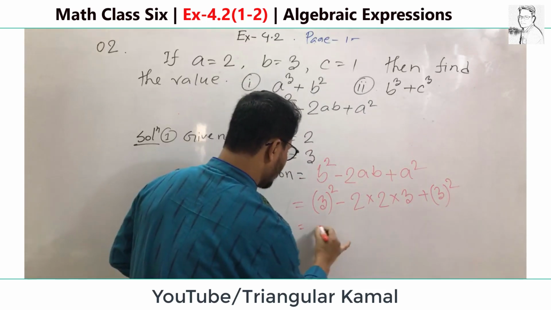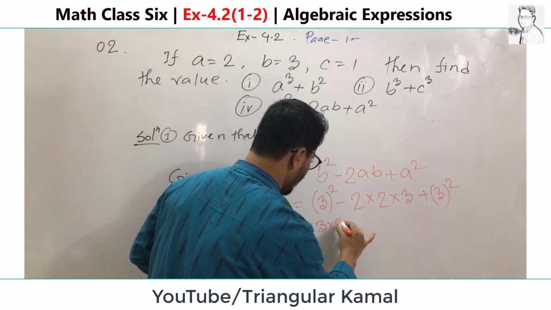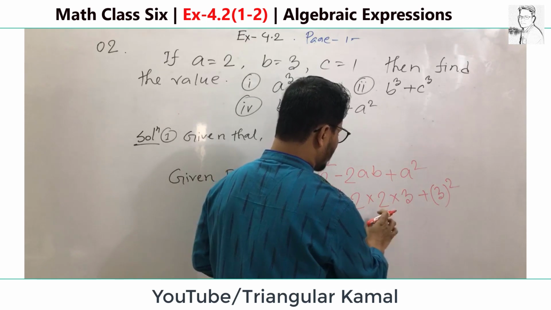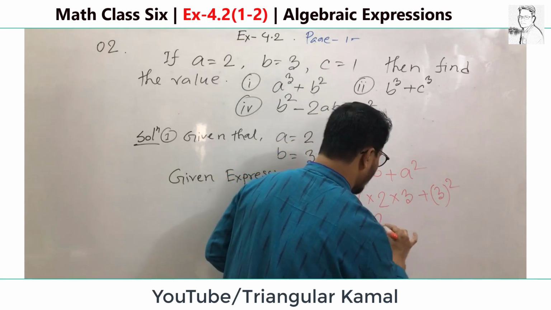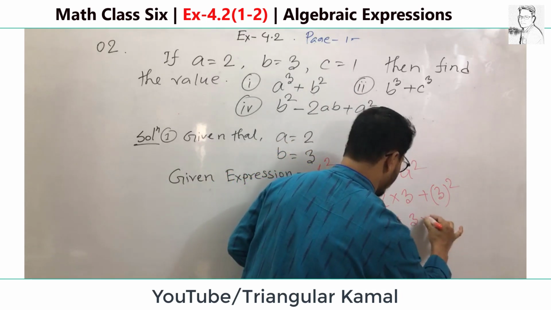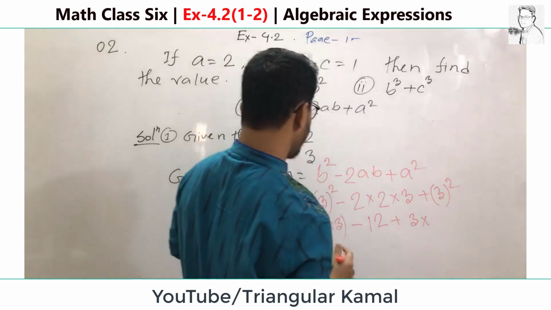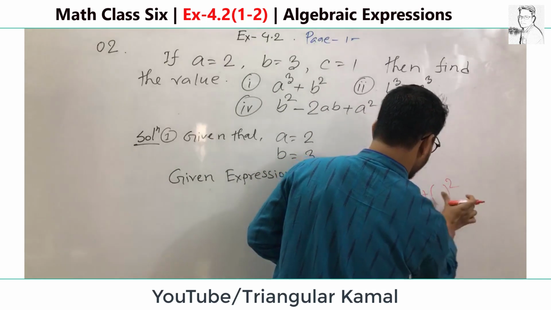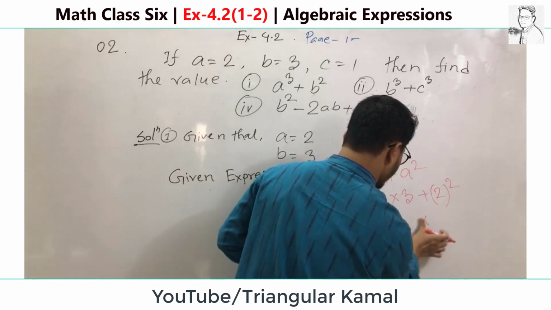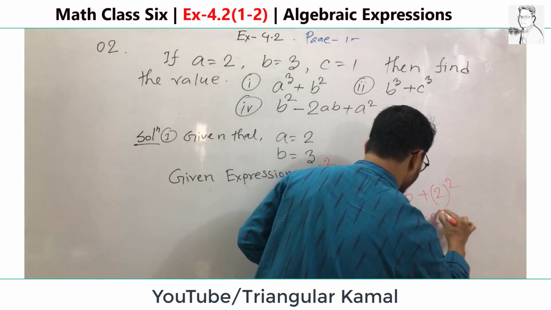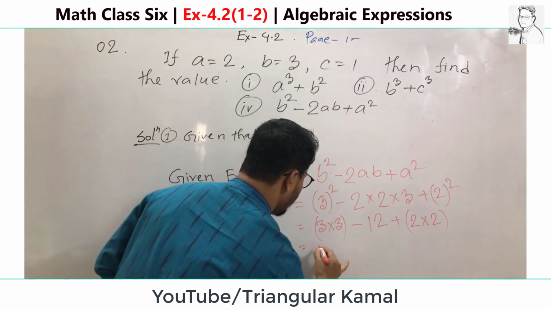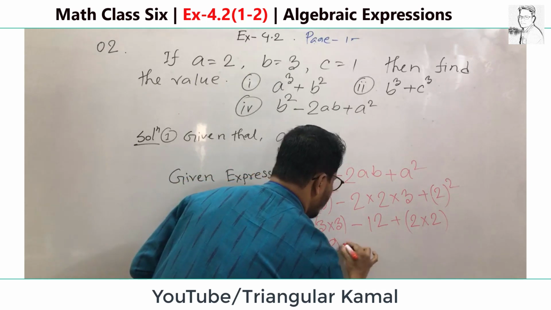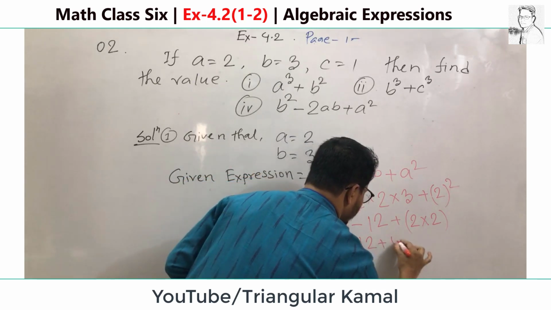Now this one is 3 multiplied by 3. Twice 2 times 3 is 12. Sorry, I have made a mistake, A equals 2. So now this is 2 multiplied by 2. Now 3 multiplied by 3 is 9, 9 minus 12 plus 4.